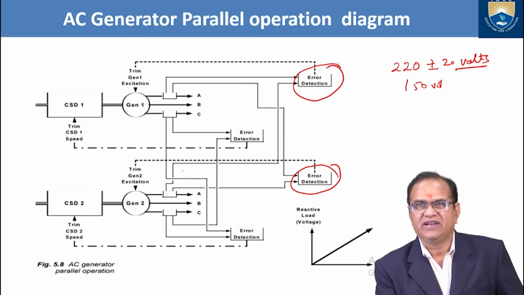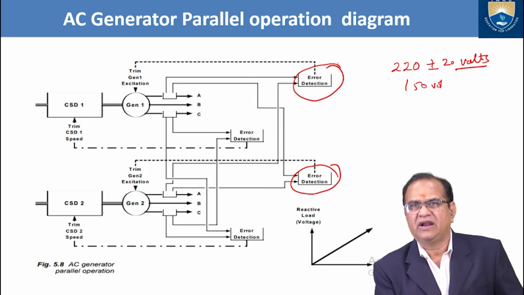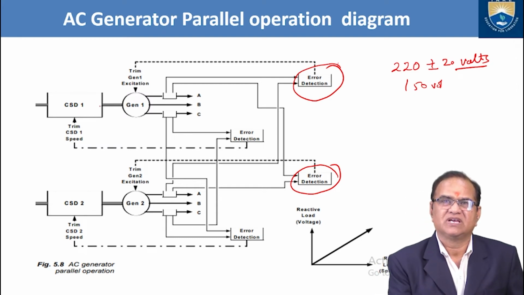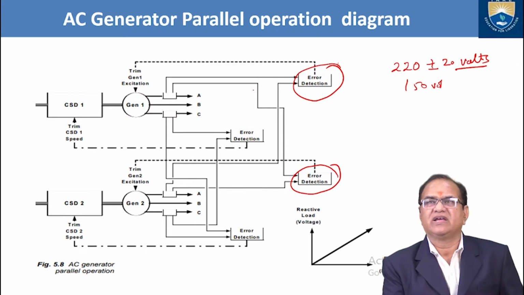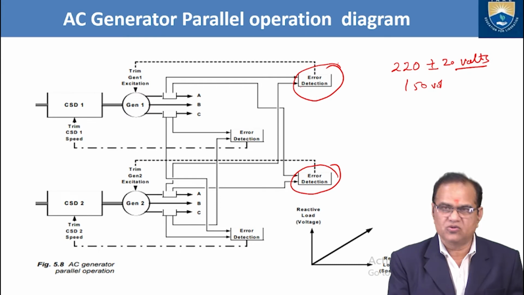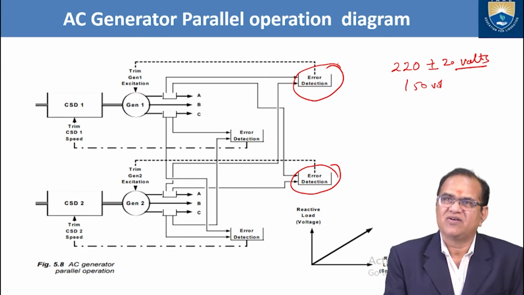Here also error detection goes to this and here detection to this. So how much variation of the speed is required will be found out by this error detection method. So I think it is very much clear.